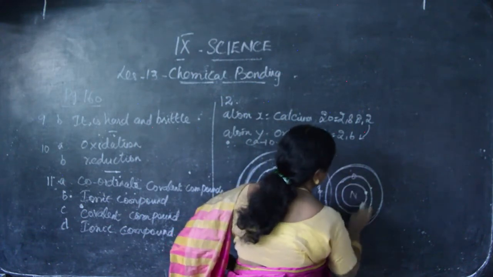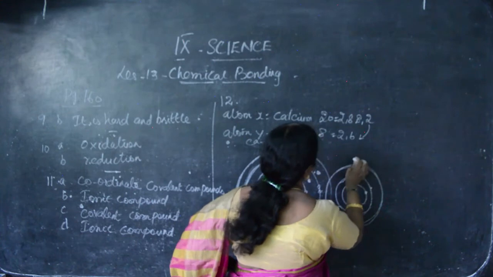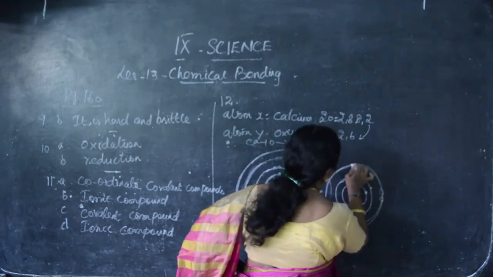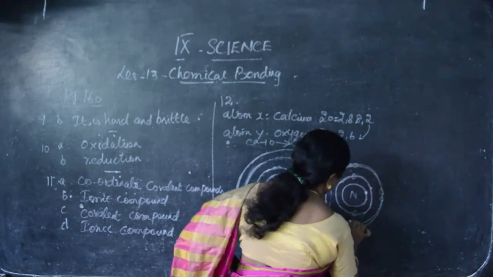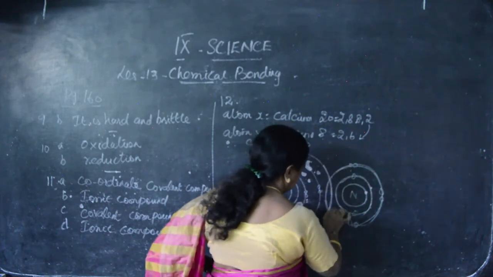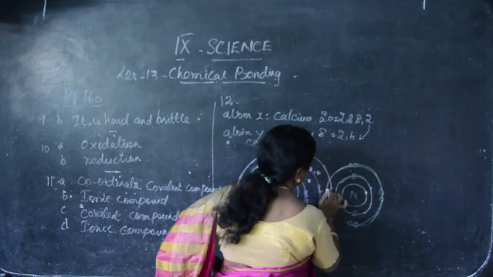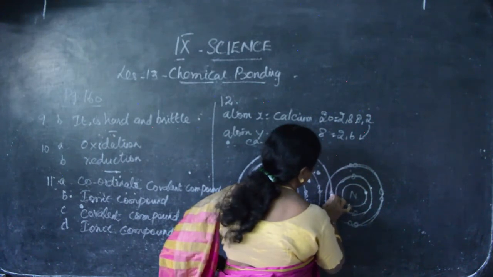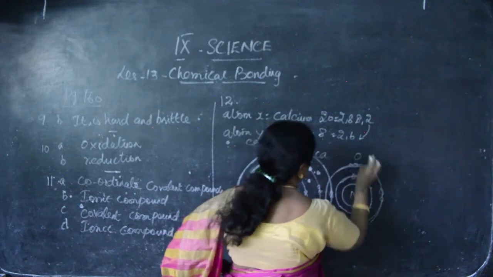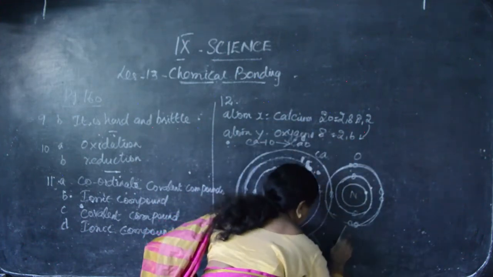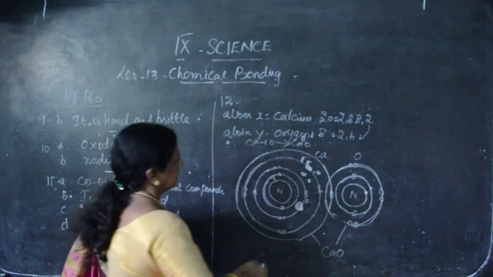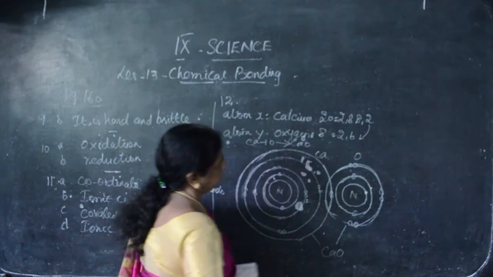Nucleus, first orbit 2, second orbit how many there? Oxygen 6. To be stable, it needs 2 electrons. The 2 electrons will be here. This is calcium, this is oxygen. Calcium oxide. Clear? Copy down.